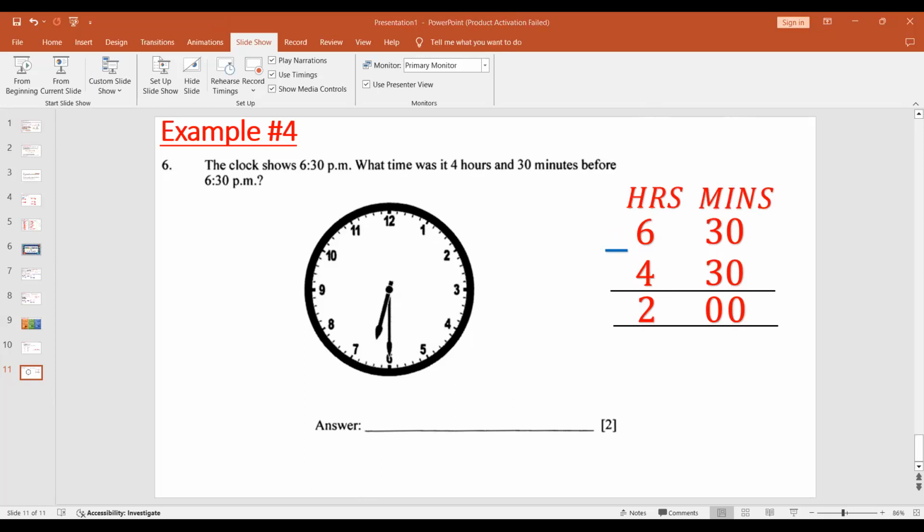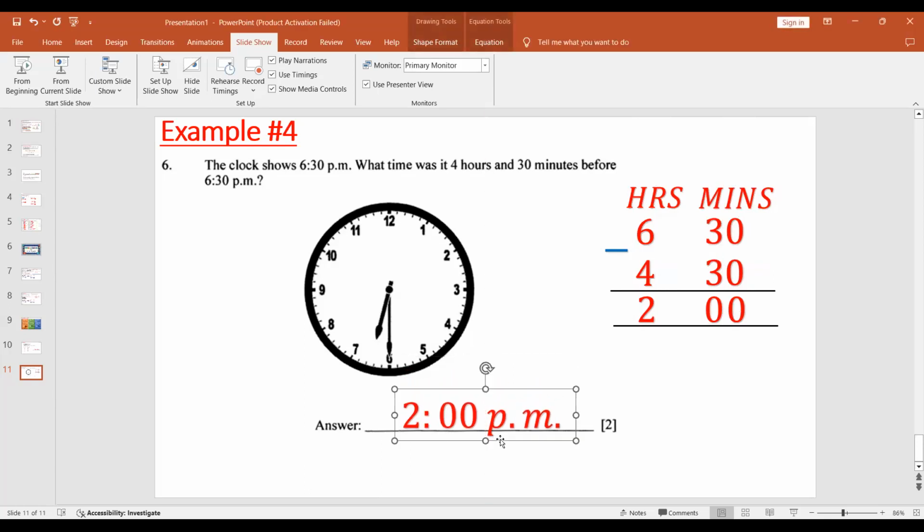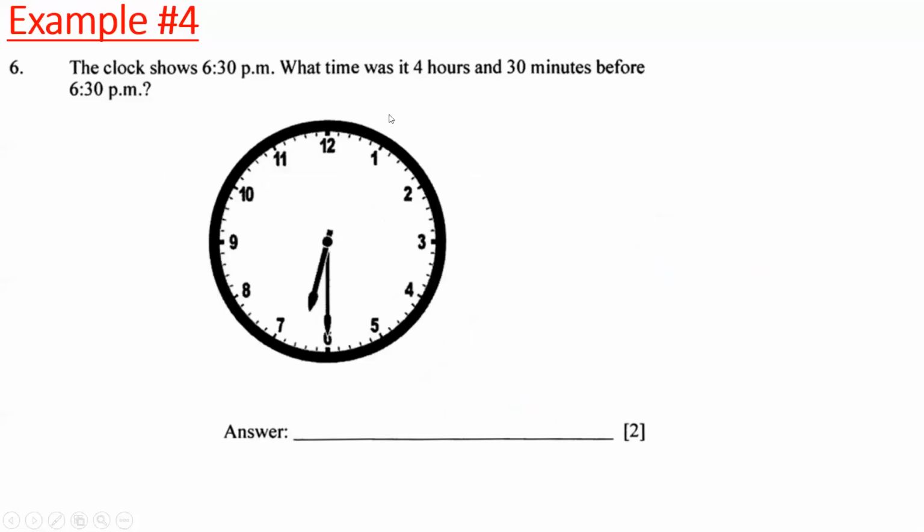So is the answer 2 hours or 2 p.m.? What do y'all think? 2 p.m. Why is it 2 p.m. and not 2 hours? Because they asked for the time. Very good.